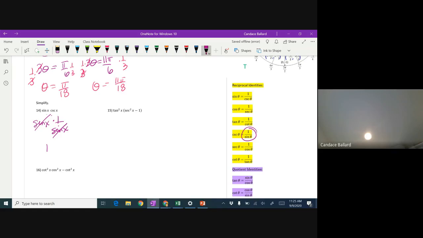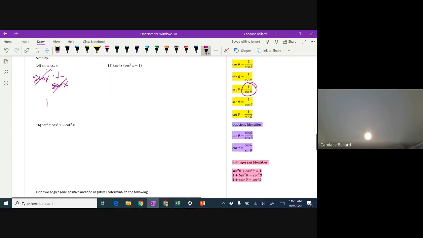Anytime I see things with something squared, I'm going to think my Pythagorean identities. Specifically, I'm looking at this one right here, okay? I see tangent squared, and maybe I can substitute in. I also see secant squared minus 1, which I don't have, but I'm going to try to create that. So I'm going to take this 1 and subtract it over to the other side.